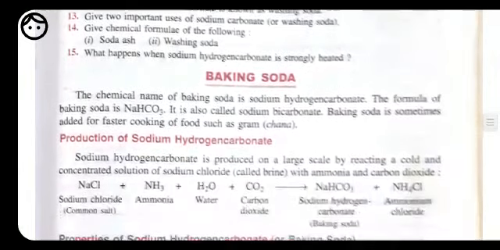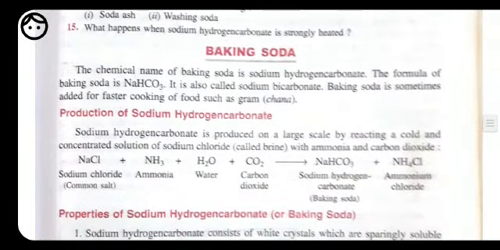Students, after that we have baking soda. Baking soda is also called sodium hydrogen carbonate, and the formula is Na, H and CO3. This one is also called sodium bicarbonate.